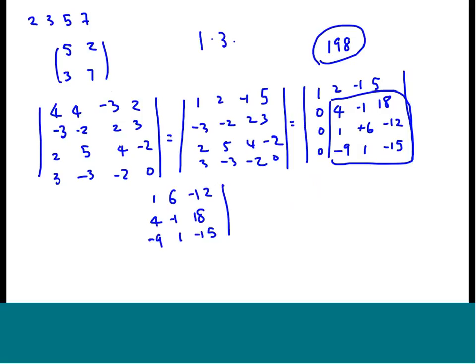I can go to 1, 6, -12, and can do 4, then 4. Right?